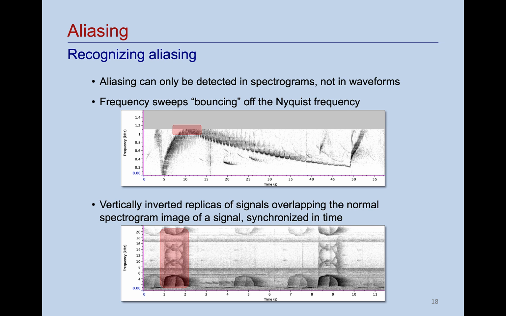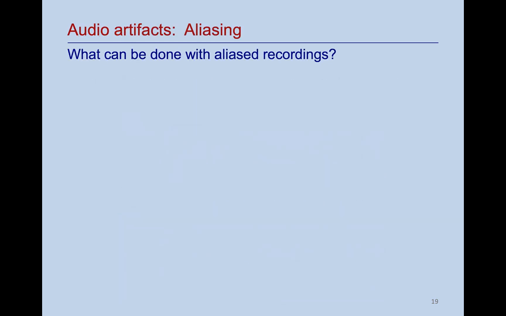You can see that most of the signal's energy is below 6,000 Hz, and above it you see multiple copies of that spectrographic signature that are inverted and synchronized in time. This again is a classic case of aliasing. In this particular case, this also was a result of equipment failure in the recording device that originally made this recording. What can you do with aliased recordings, and what can't you do?